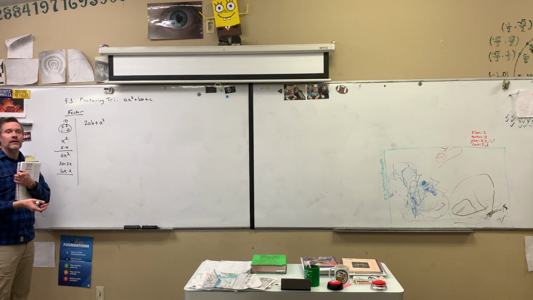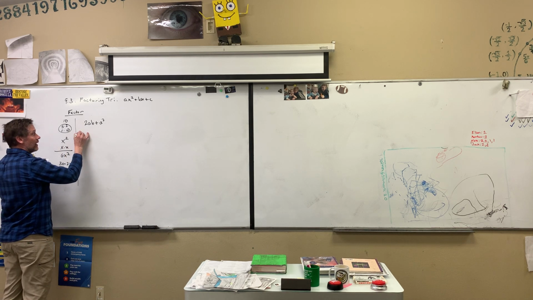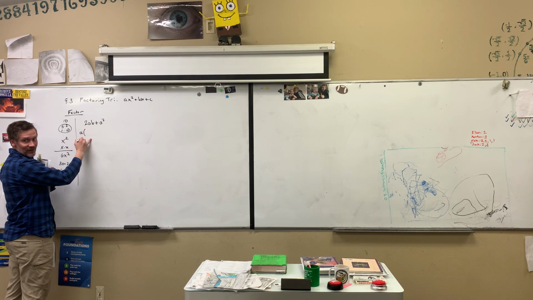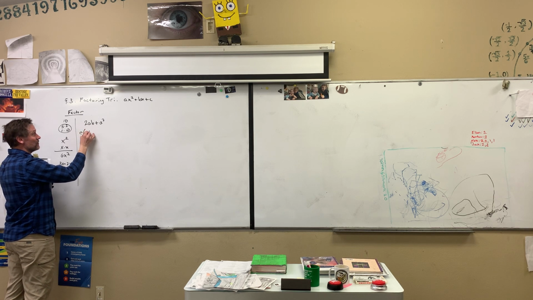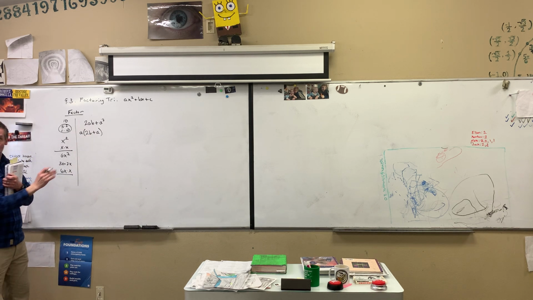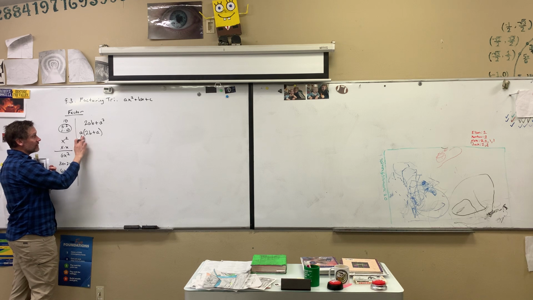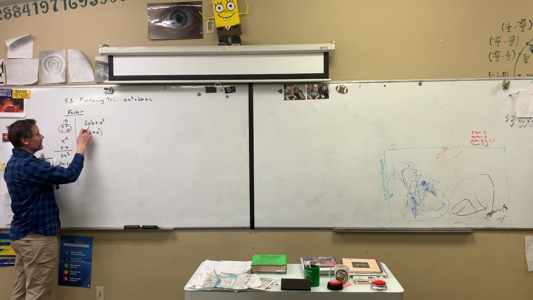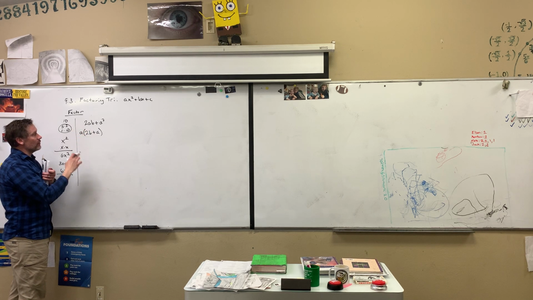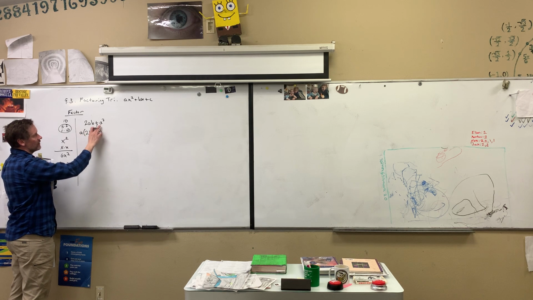So we pull out the a, and you'd be left with 2b plus a. Now that's in factored form because I have a times this quantity. And you redistribute that in. A times 2b would be 2ab. A times a is a squared, right?